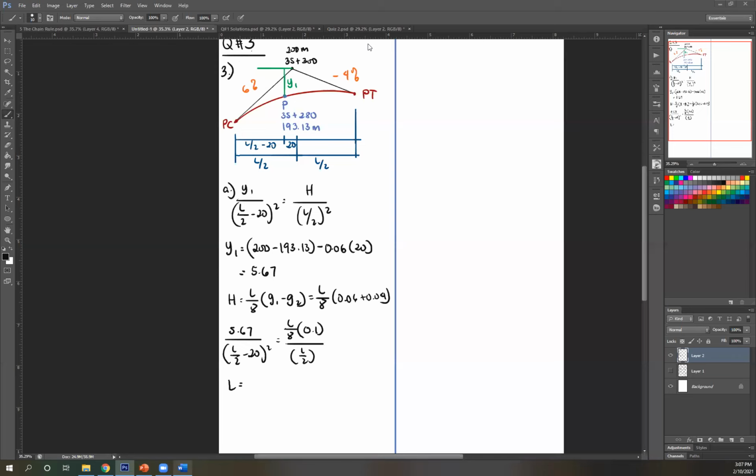So hint, it's greater than 100. No? It's greater than 100. This is squared.